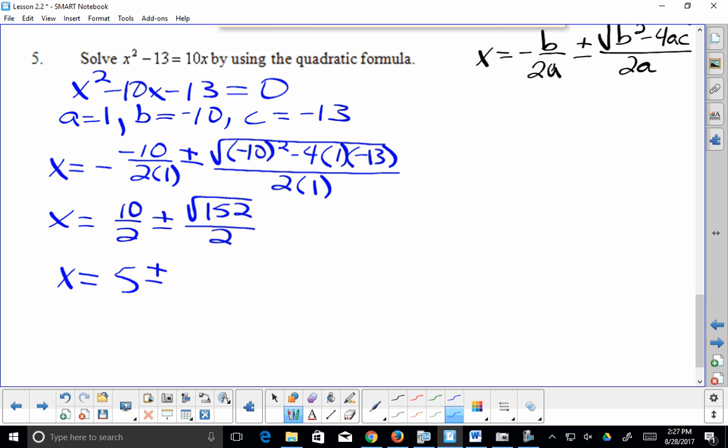No, square root of 152 is not 13. That's square root of 169 is 13. Right. So I think this is, isn't it 4 times 38? Yep. Okay. So this would be 2 times the square root of 38 over 2. So x equals 5 plus or minus the square root of 38.